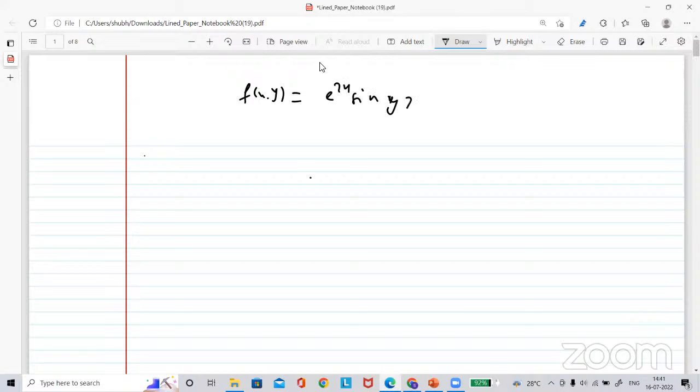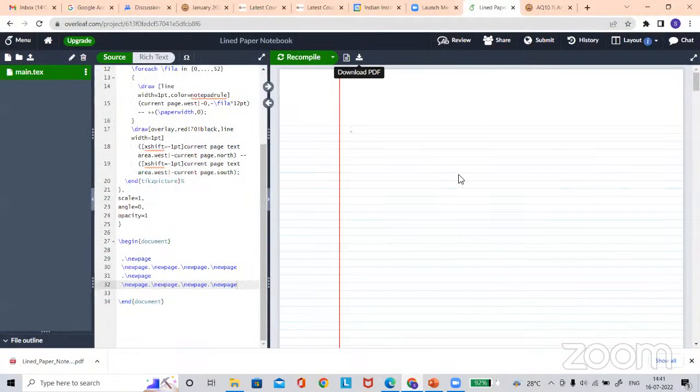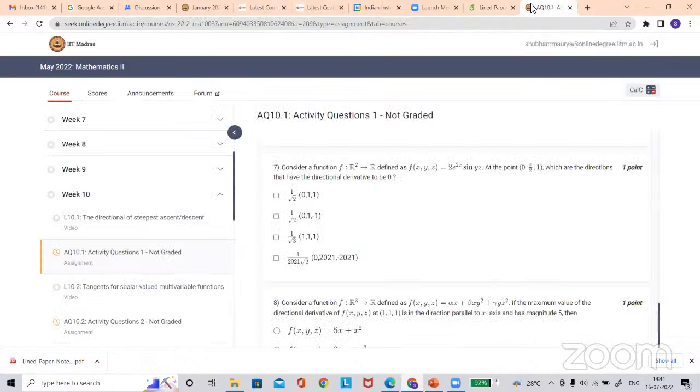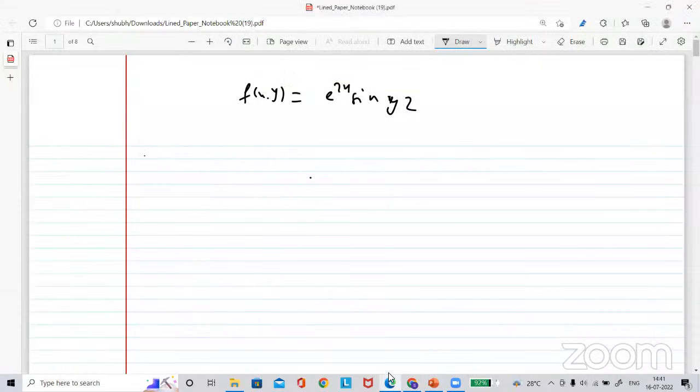I hope my screen is visible. Yes, sir. So you have this function f of x, y, z equal to 2e^(2x) sin(yz). So your function is in 3 variables.